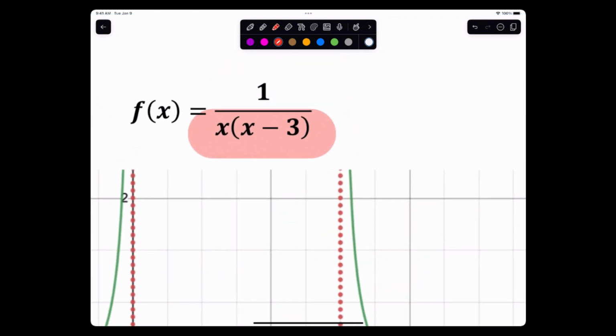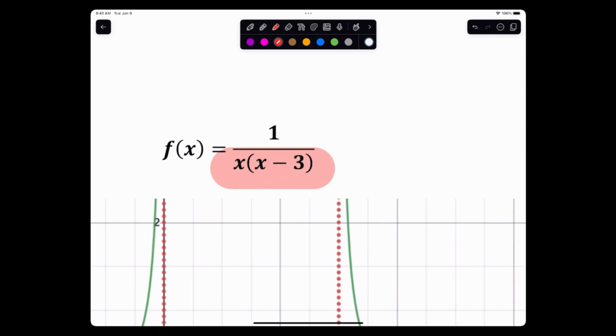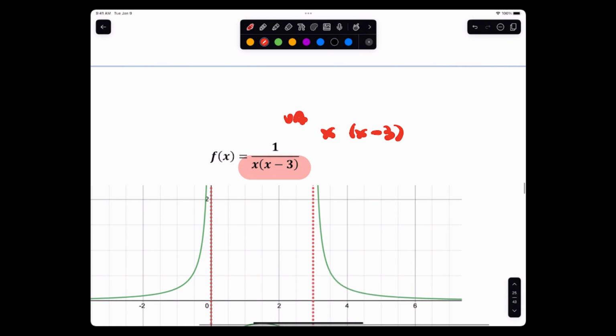They're still rational functions. What's happening now with your vertical asymptotes? There's two. You say, how do I know? Because you have to always set the denominator equal to 0. And then you solve for x. So how do you solve this for x? What do we use from beginning algebra, right? x equals 0. x minus 3 is 0.